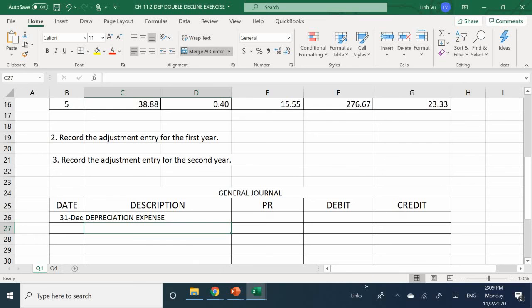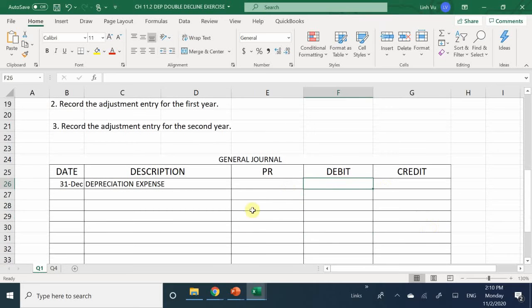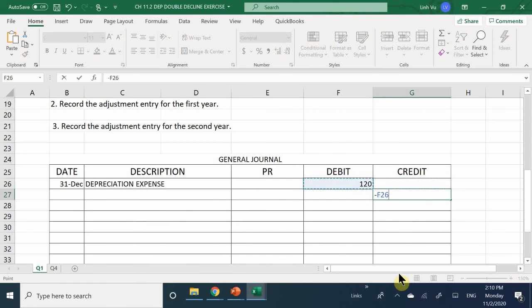And for the first year it is the 120. 120. Good. I'm always trying to write it while I'm talking. That's completely fine.